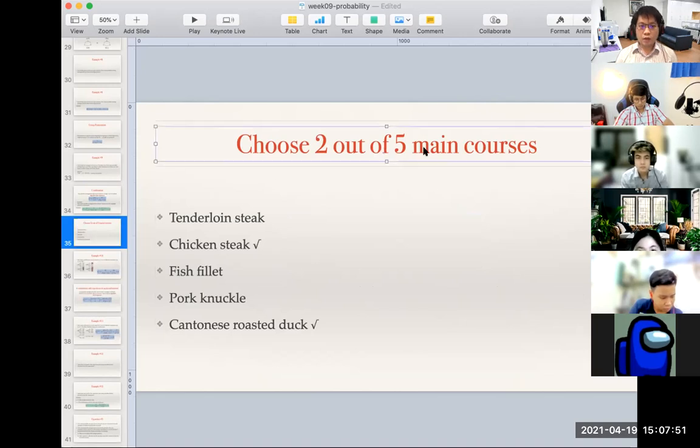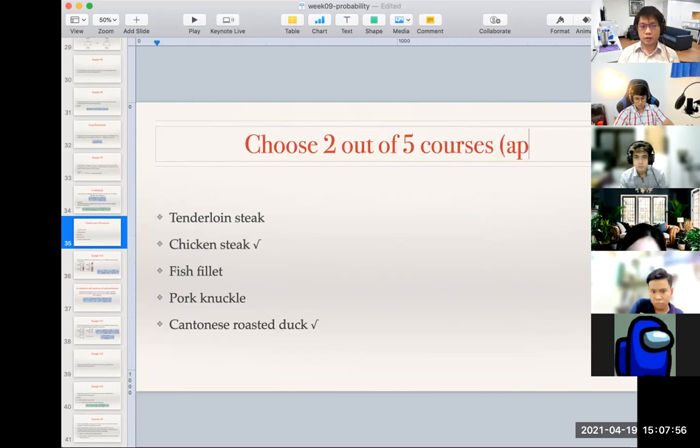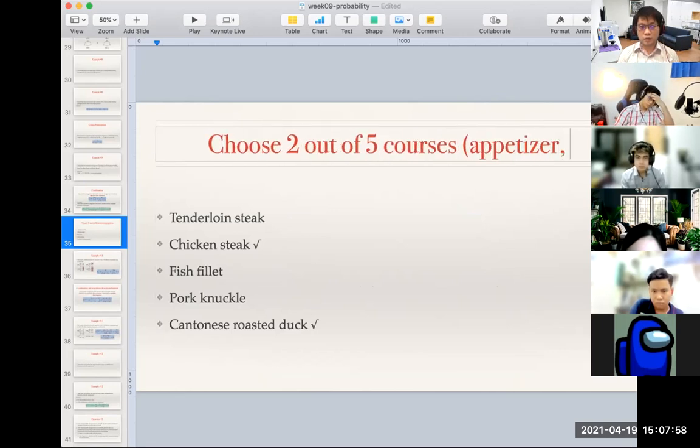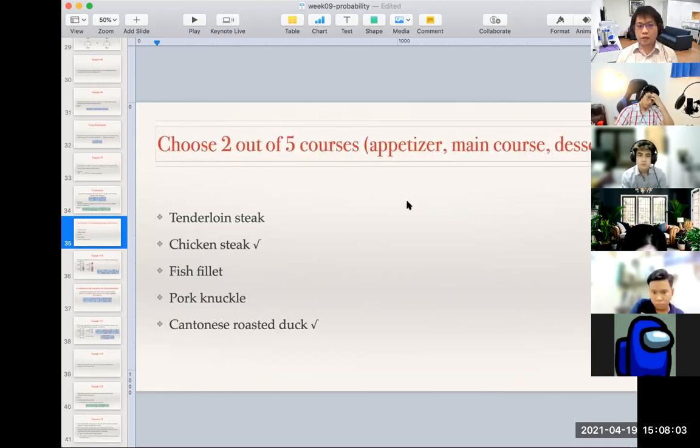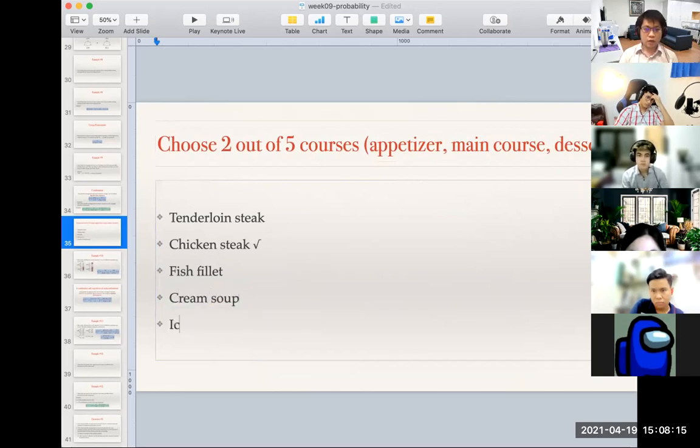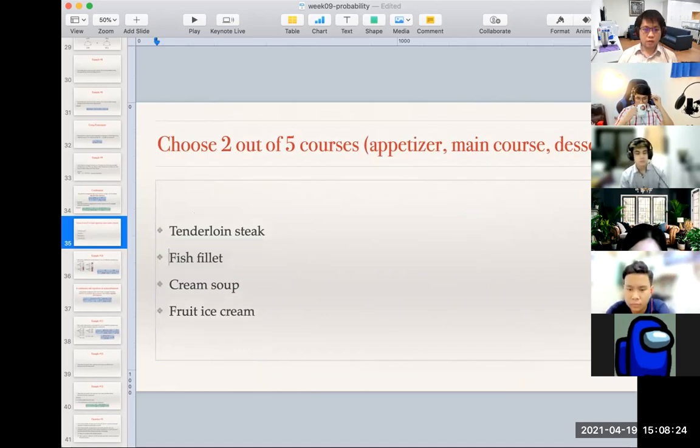But if, let's say, they have this kind of order, let's say without the pork knuckle, here is a cream soup, and then let's say I have fruit ice cream.